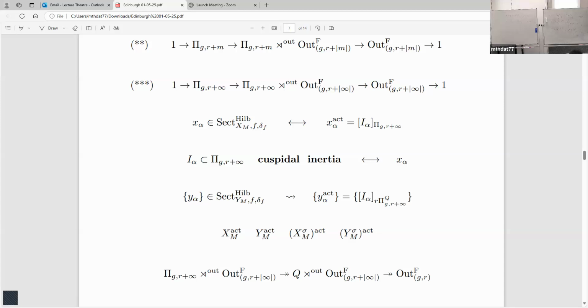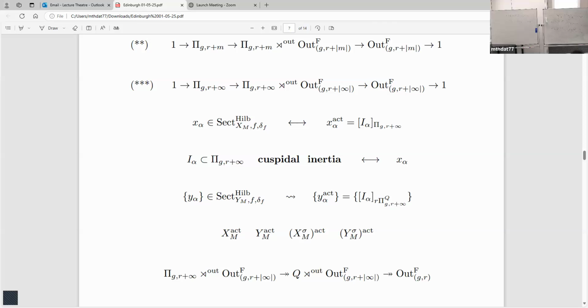And likewise, if y alpha is a point in the fiber of x alpha, over ym over xm, then we define the active version of the fiber of this point as a finite set of conjugacy classes of this cuspidal inertia subgroup by left cosets of this subgroup. So this subgroup is the kernel of the projection of pi gr plus infinity to q.